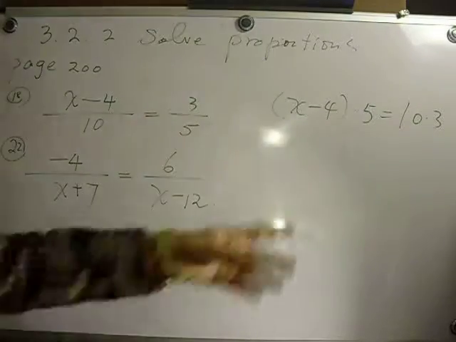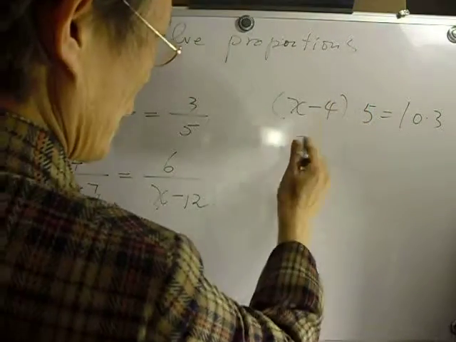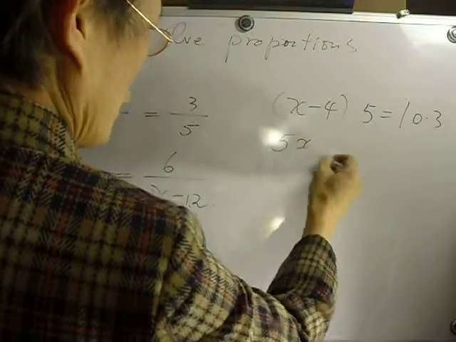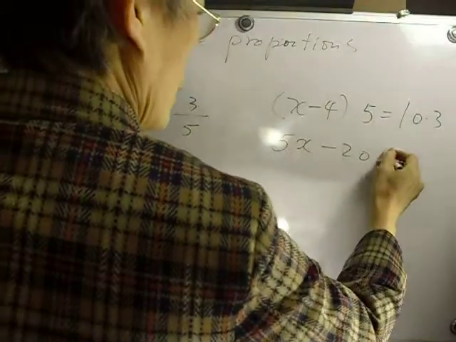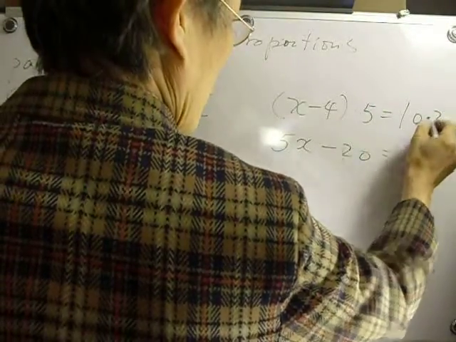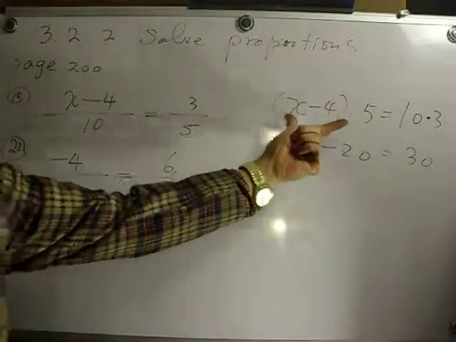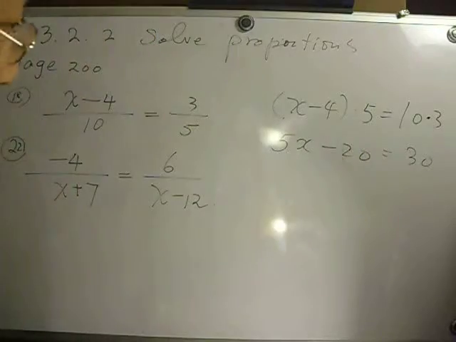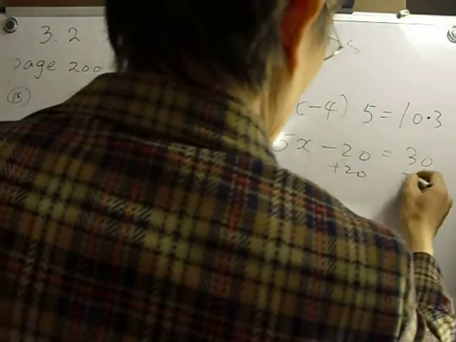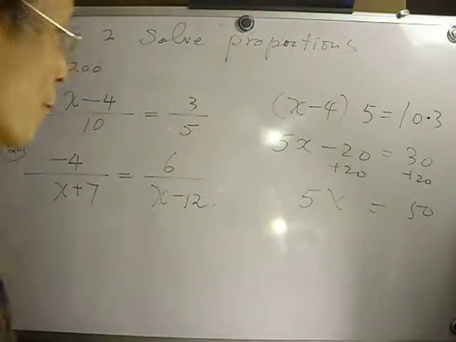How do you solve this problem? You distribute this 5 inside. Watch out for the sign. 5 times x is 5x, 5 times negative 4 is negative 20, equal to 10 times 3, which is 30. First step, remove the parentheses. Next step, undo the negative 20: add 20 to both sides. That gives 50 equals 5x.